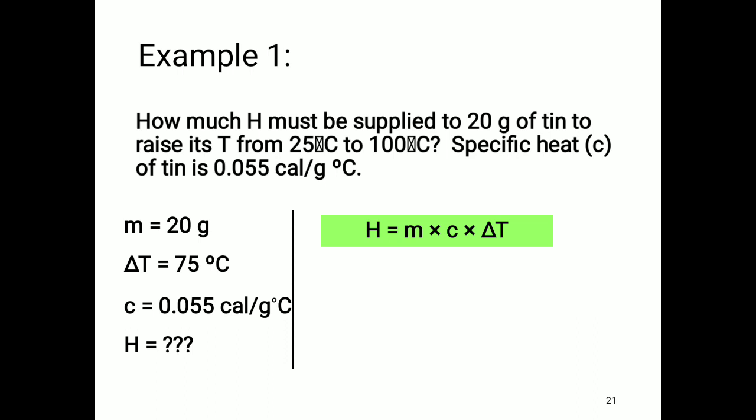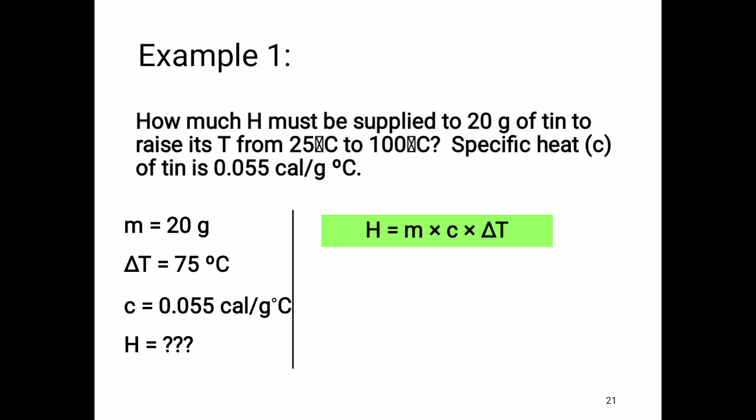The specific heat of tin is 0.055 calorie per gram degree centigrade. So in the numerical, mass is given as 20 gram. You have to raise the temperature from 25 to 100, so the temperature difference delta T is 100 minus 25, which is 75, and C is given.